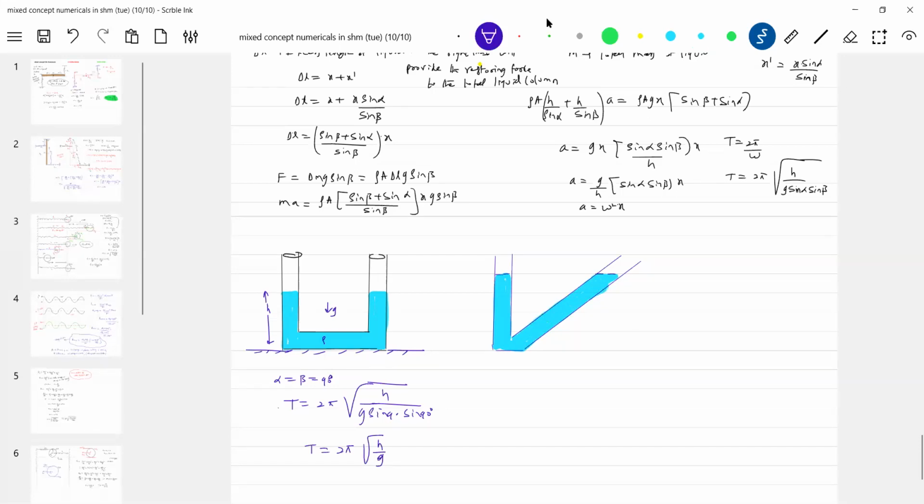What you'll do: alpha is 90 and beta is theta in this problem.